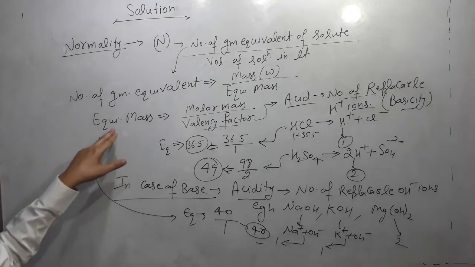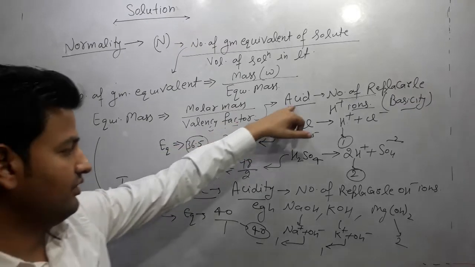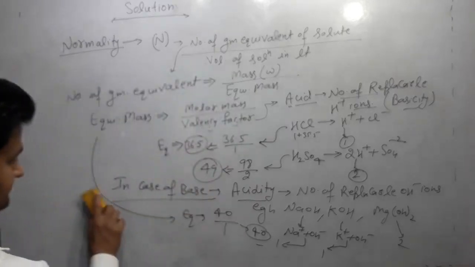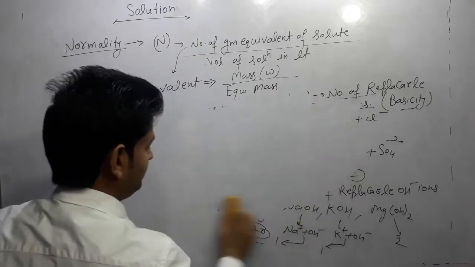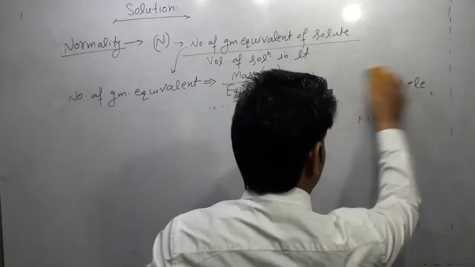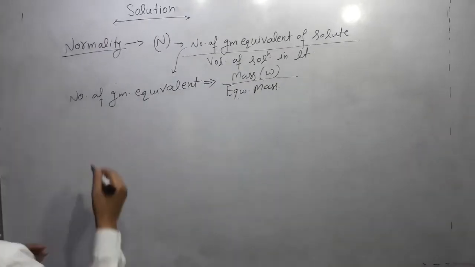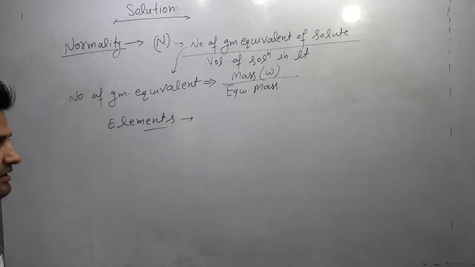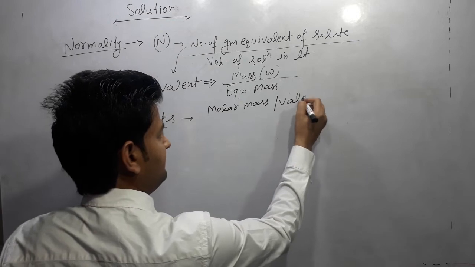So we can calculate the equivalent mass by using the common term, valency factor, for acids as well as for bases. Next, in the case of elements we use the valency. In the case of an oxidizing or reducing agent we use the term valency factor. For elements, equivalent mass can be calculated as molar mass by its valency.